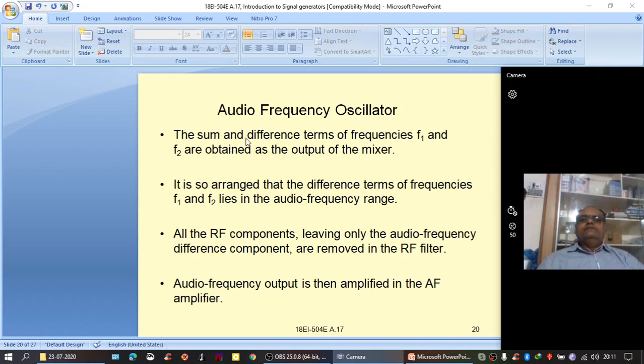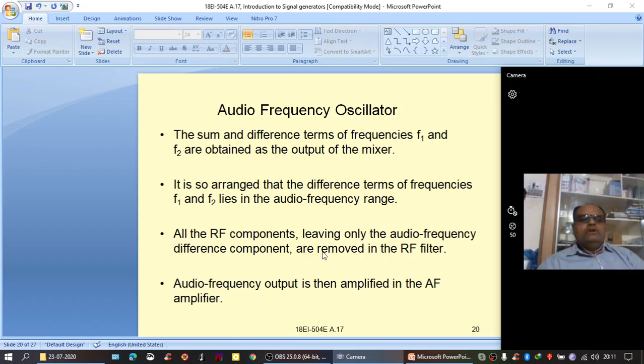The sum and difference terms of frequencies F1 and F2 are obtained as the output of the mixer. If it is so arranged that the difference term of the frequencies F1 and F2 lies in the audio frequency range, all the RF components, leaving only the audio frequency difference component, are removed in the RF filter.